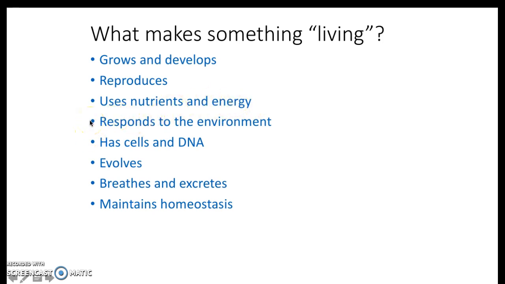Living things respond to the environment, so maybe the temperature of the environment or the moisture in the environment. All living things have cells and DNA. Living things evolve, and in science, when we say something evolves, we mean that the population of that thing is going to change over time.